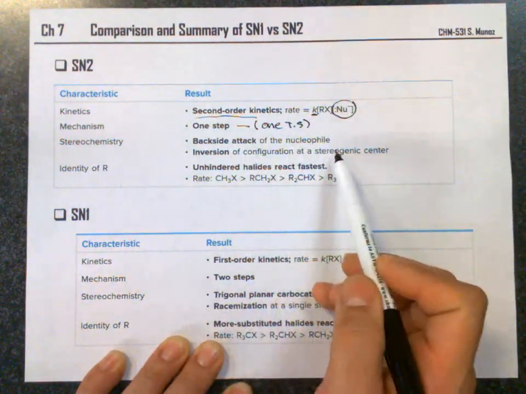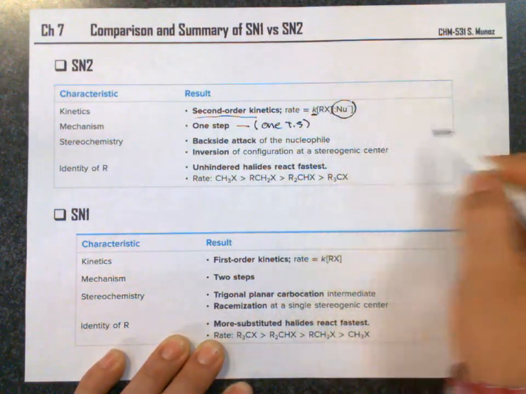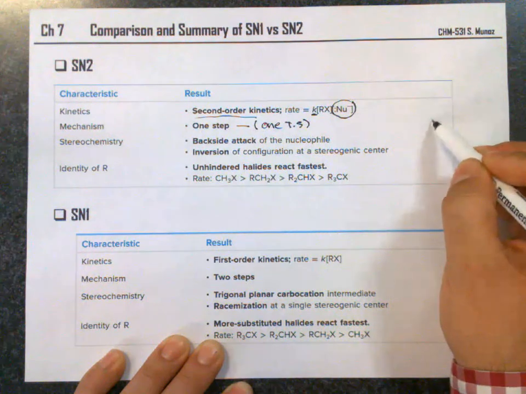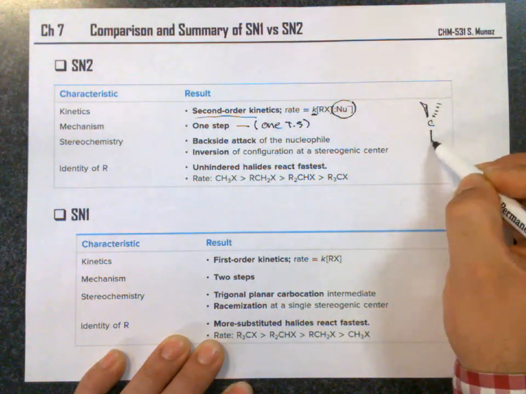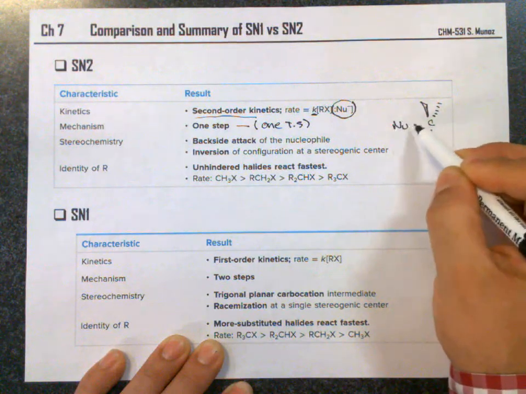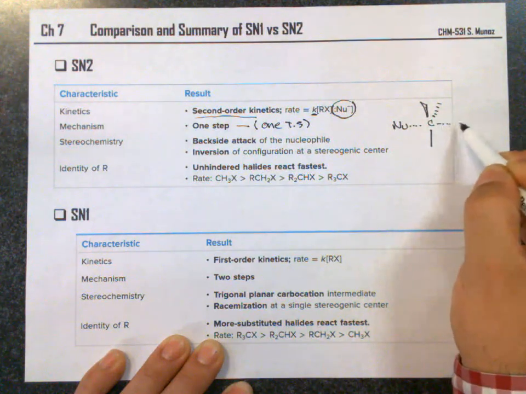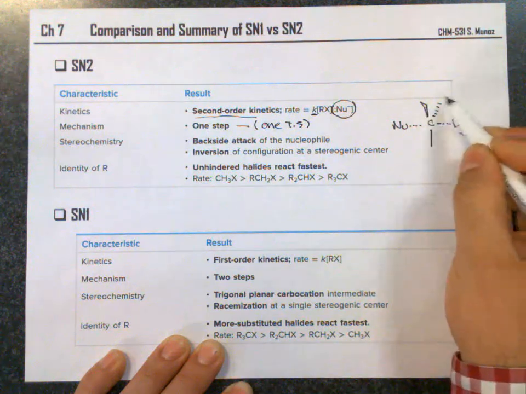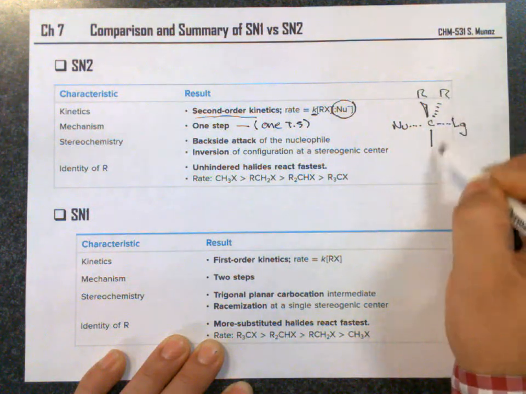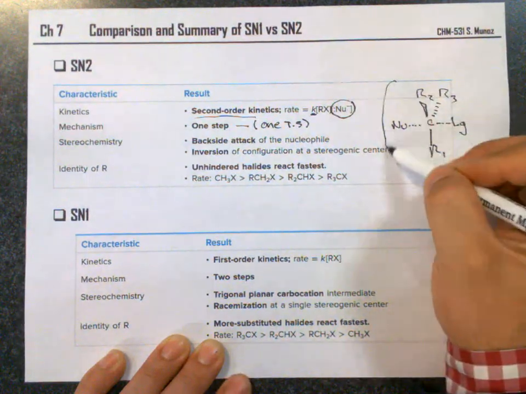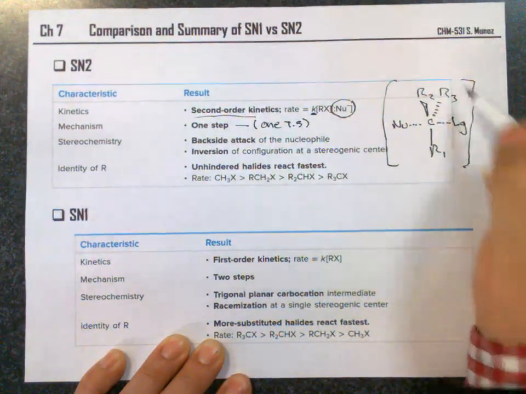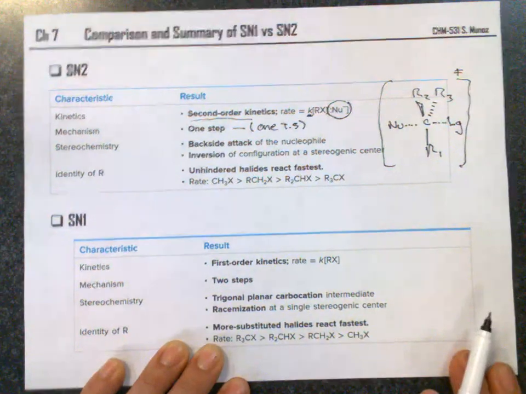Stereochemistry: backside attack of the nucleophile. We understand that in this fashion. This would be the transition state. This is the leaving group. R1, R2, R3. You should become very familiar with how to draw transition states.